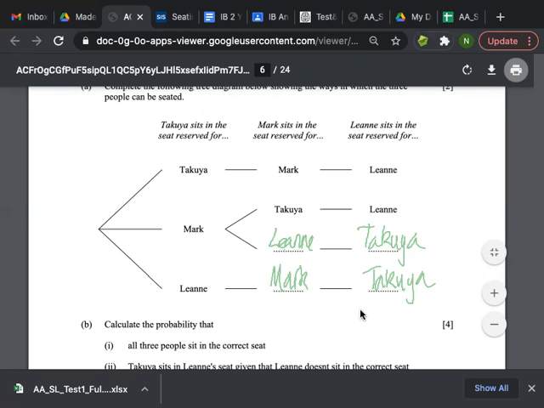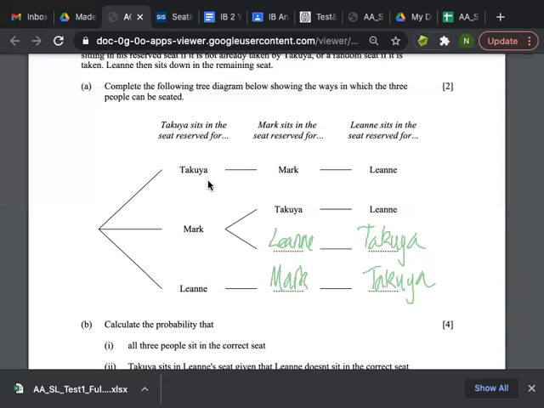So the pathway that we're looking at is the idea that there's a 1/3 probability that she will sit in the correct seat. If she sits in her seat, Mark has to sit in his seat, meaning that there's a 100% probability.